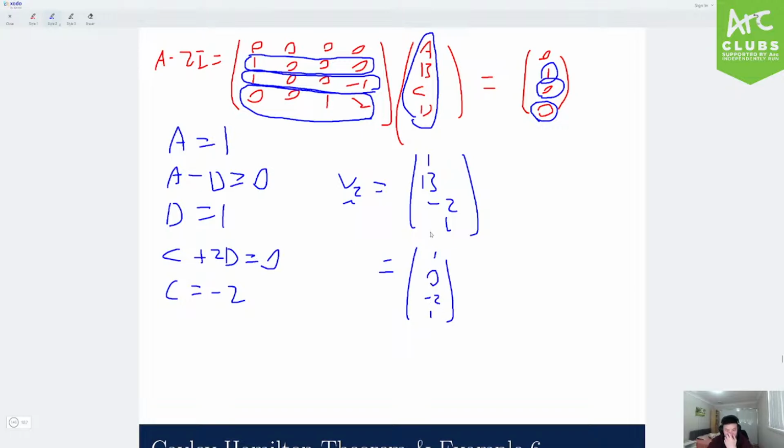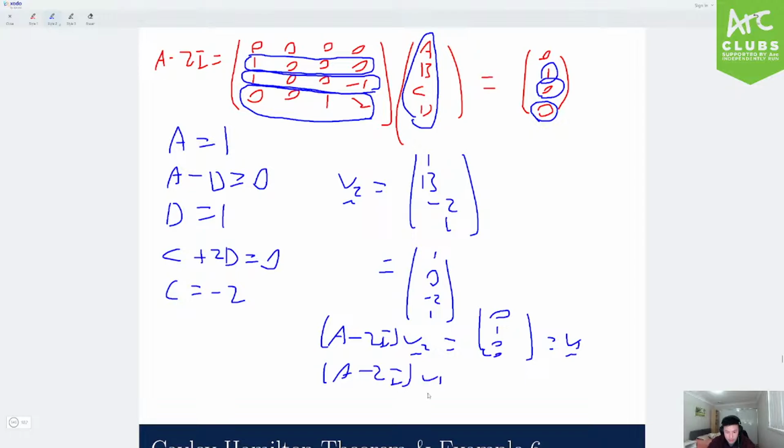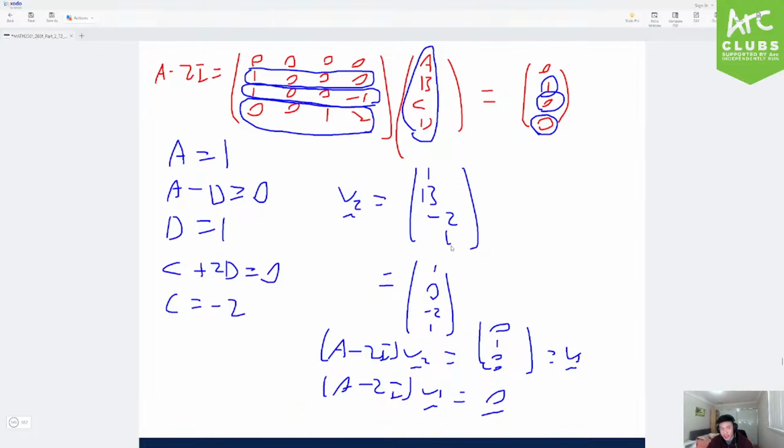So we choose v2 to be this vector here, meaning that A minus 2I times v2 is going to equal 0, 1, 0, 0, which we call v1. And we know from our previous work that A minus 2I times v1 is the 0 vector. So that's how you cook up your own vector of length 2, such that if you chain it down, we get v1, and chain v1, we get the 0 vector.